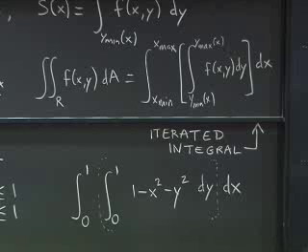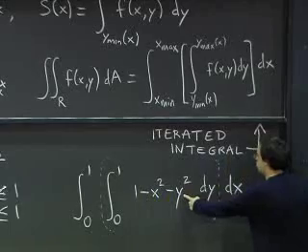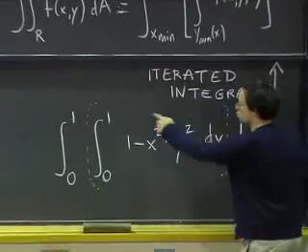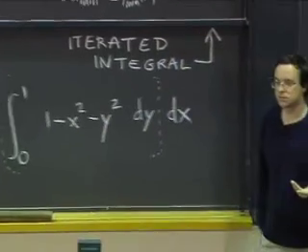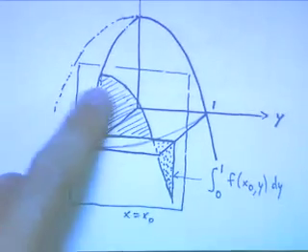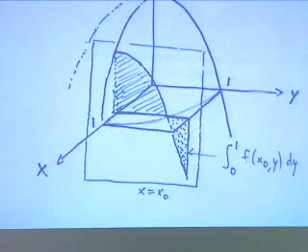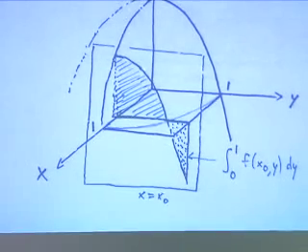So what this means is first I will integrate 1 minus x squared minus y squared over y ranging from 0 to 1 with x held fixed. What that represents is the area in this slice. Here, actually, I've drawn what happens: the function takes positive and negative values.